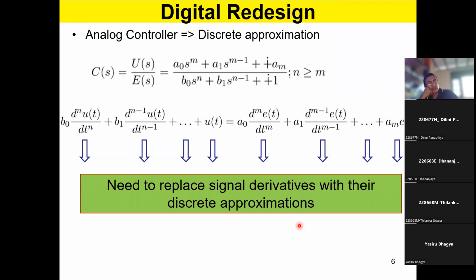So if you look at the controller in continuous time, U(s) over E(s), it always looks like this. What is this format? This is a rational polynomial of s. The controller is always a rational polynomial of s. Any transfer function is a rational polynomial of s.